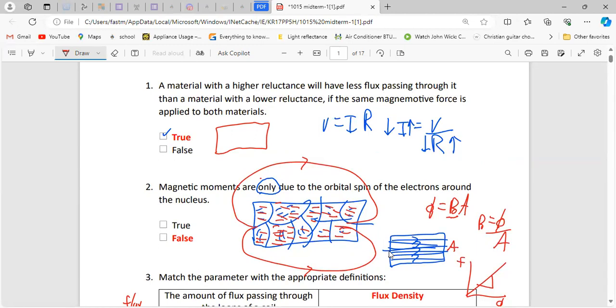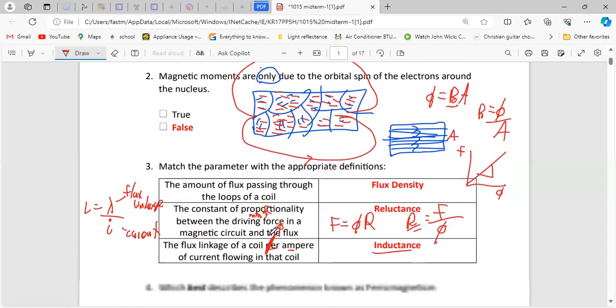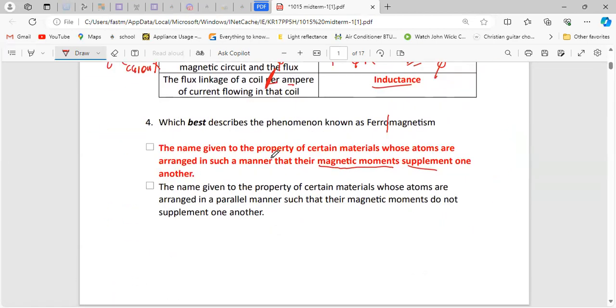When you did the hysteresis curve and it went back to zero, it cut the y-axis, and because it cut the y-axis, it had some magnetism left behind. So in ferromagnetism, the domains are aligned when the magnetic field is there, and when you remove the external magnetic field, some of the magnetism will stay aligned, and some of them will go back to being random. So that is literally about ferromagnets.